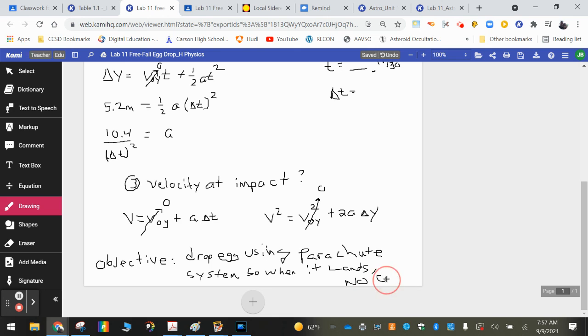No cracks. Okay, now if you have a crack, you have to do it again. You have to improve upon your parachute system. All right, that will kind of wrap it up.